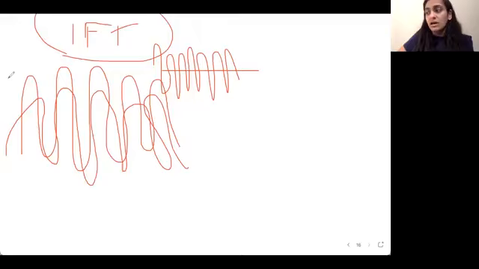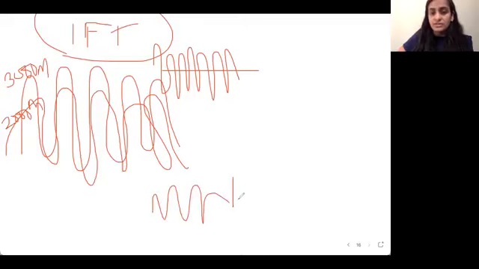So let's say this was a 3000 hertz current, and this was a 2000 hertz current. What happens? They interfere. So they form a current which is now 1000 hertz. So basically two medium frequency currents overlap to form a low frequency current. That is what an IFT is.